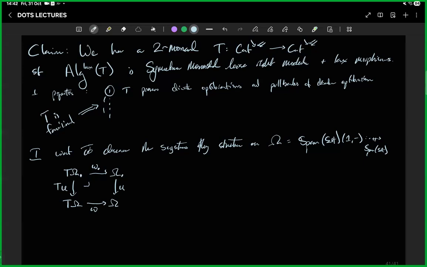Remember what happens in T: these are formal composites of systems and interactions. And omega takes a formal composite and gives us the actual composite.